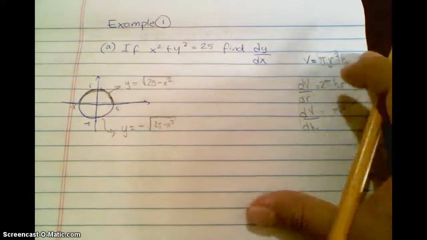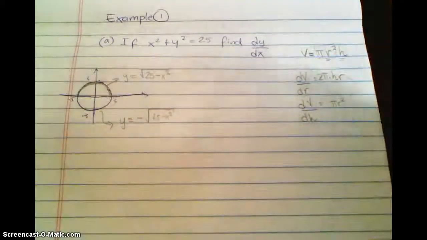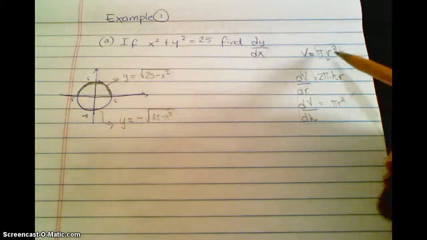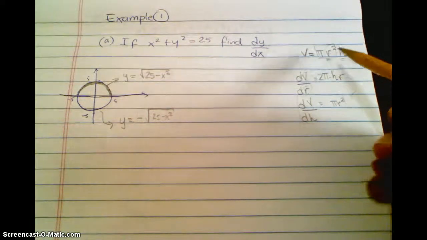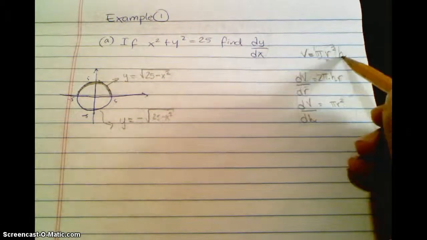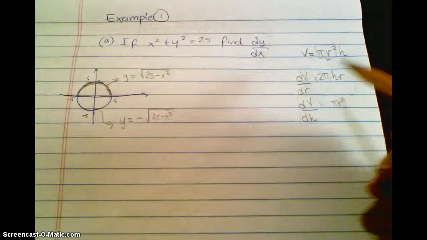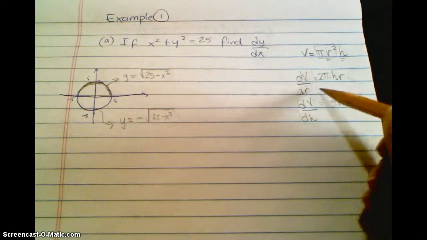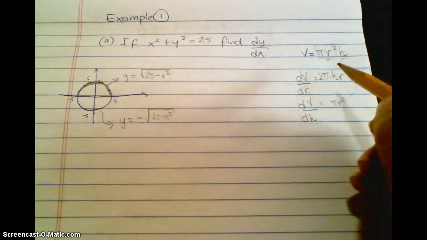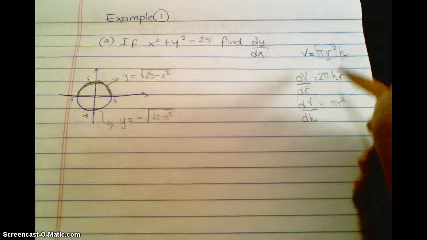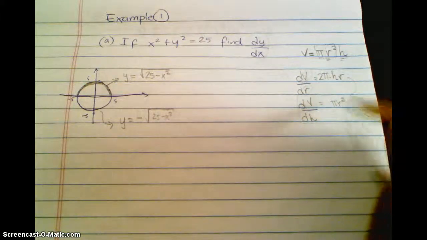But what happens, for example, if the radius depended on the height? In this case, I have to apply the chain rule, and then there will be another factor in here.